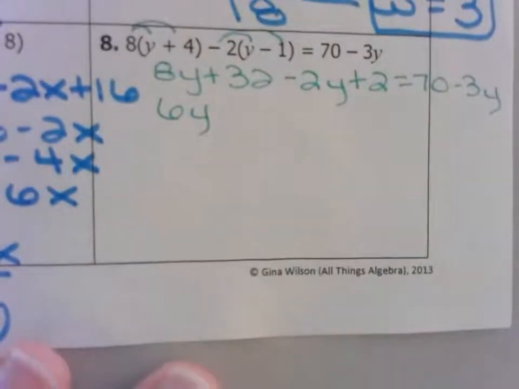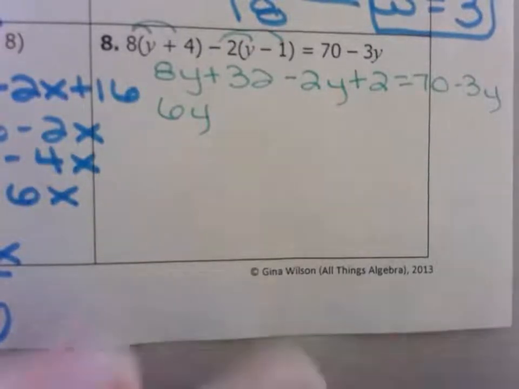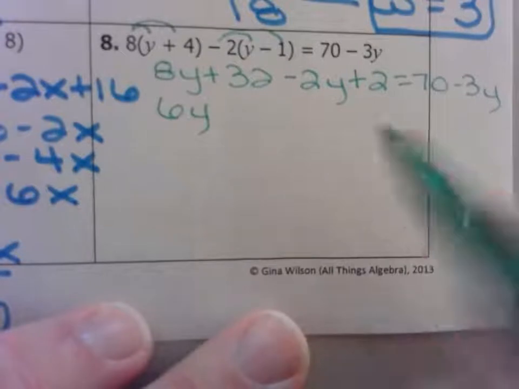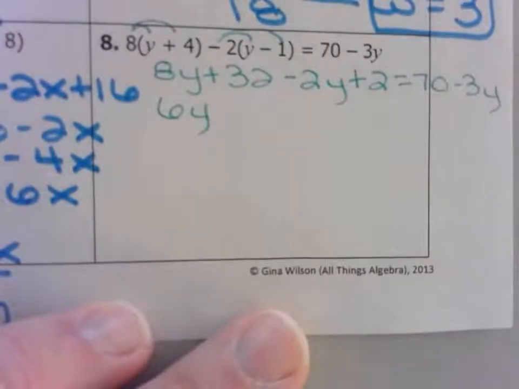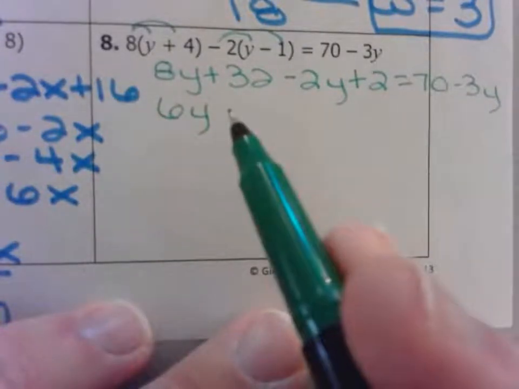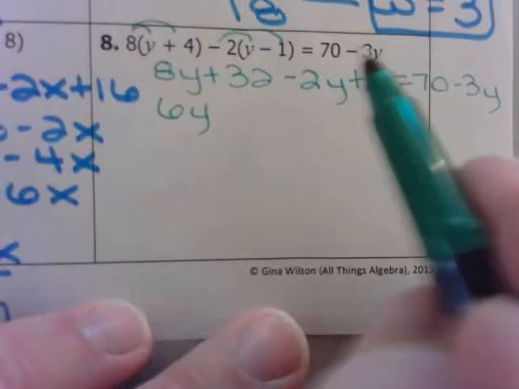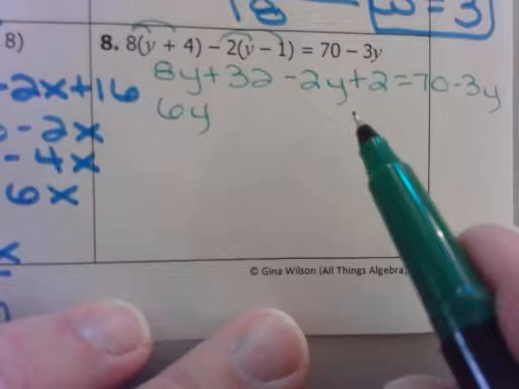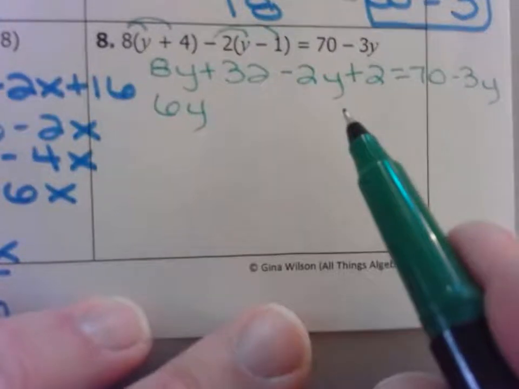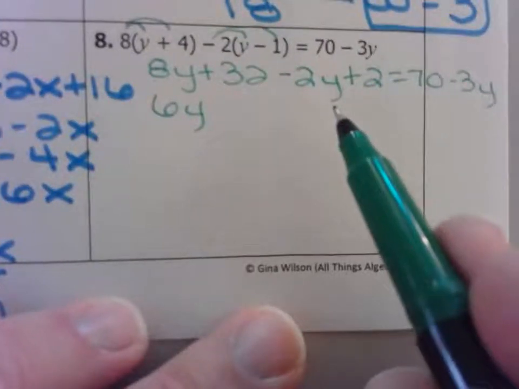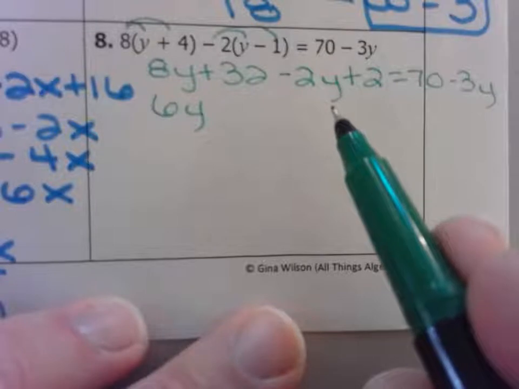What else do I do on the left side to simplify it? We are simplifying the left side. So I did 8y minus 2y. Do we take 8y and add it to 6y?